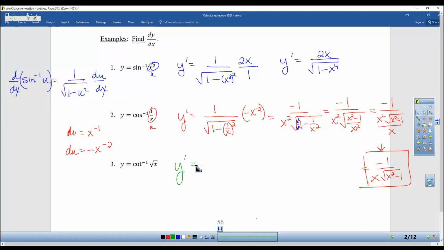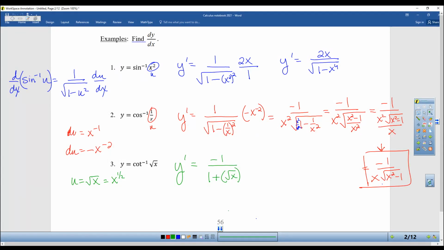I love cotangent. It does have a slightly easier formula. It is negative 1 over 1 plus u squared. So what is u in this case? Square root of x, or when I go to do the derivative, I'm going to change it to x to the 1/2. But I'm going to leave it as a square root right now. So it's negative 1, negative because it's the cotangent.